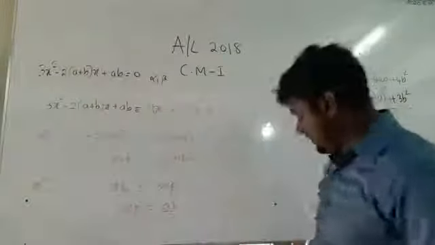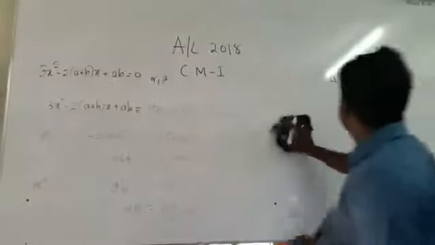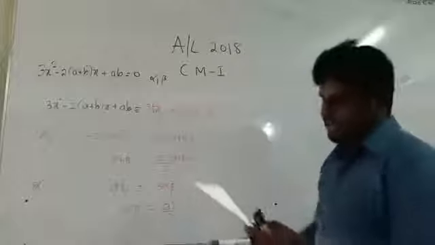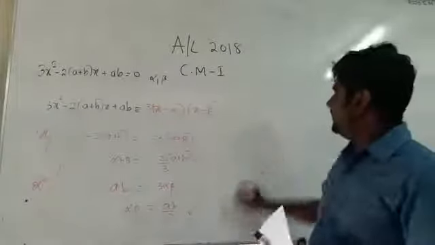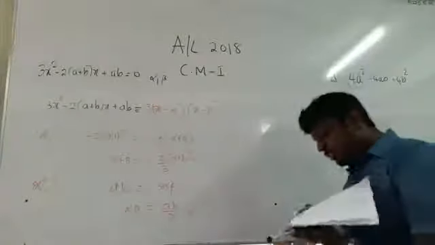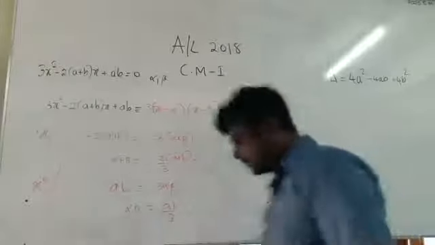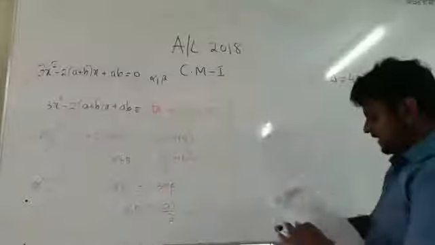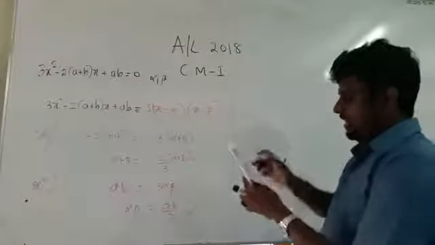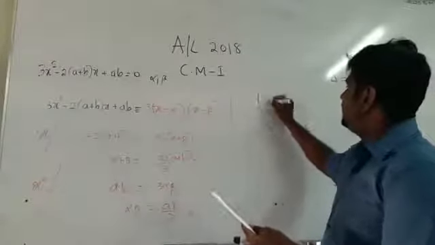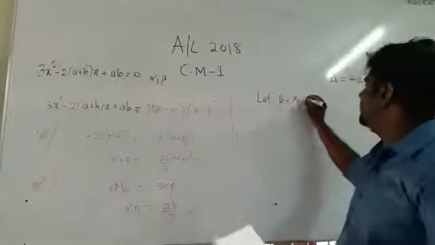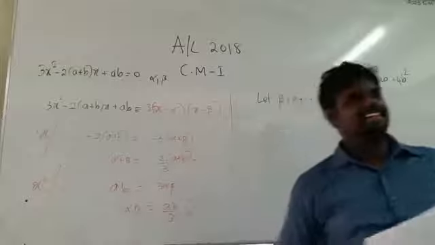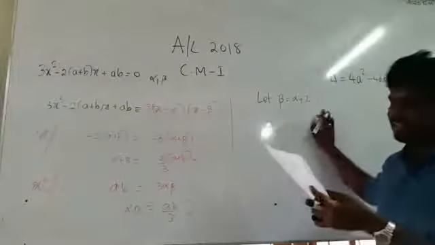Now, what do they ask now? I keep the delta here. Now they ask you to prove: let beta equal alpha plus 2.